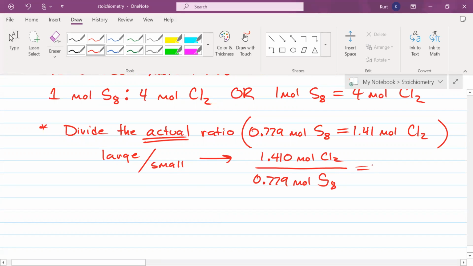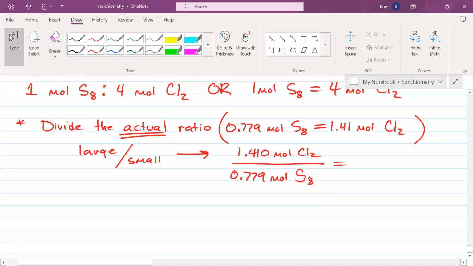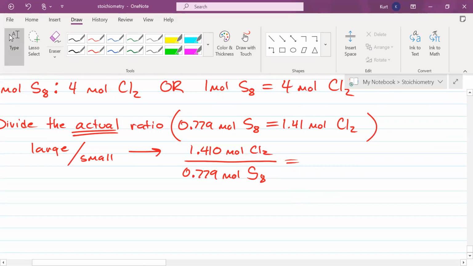This is a new step. 1.41 divided by 0.779 is going to result in 1.808 moles of chlorine per 1 mole of sulfur. So here is why you did that step.